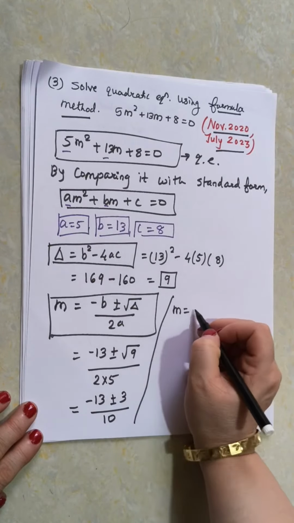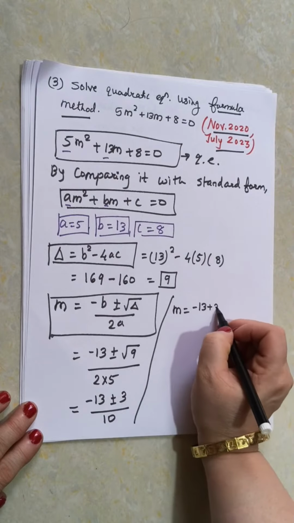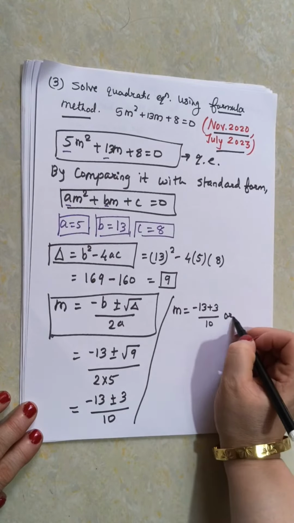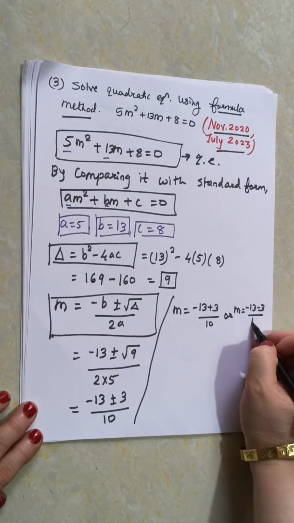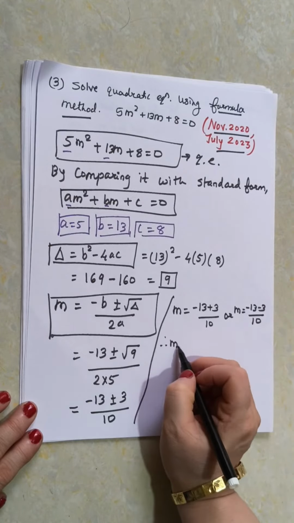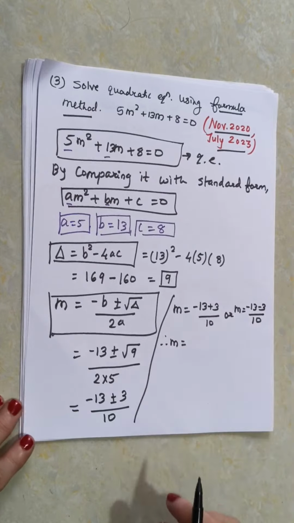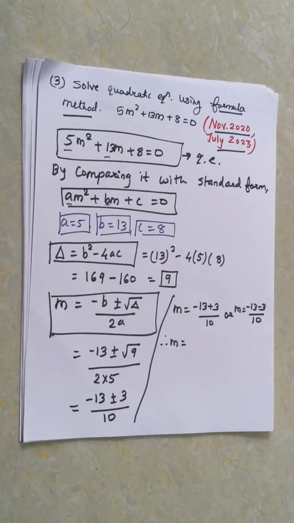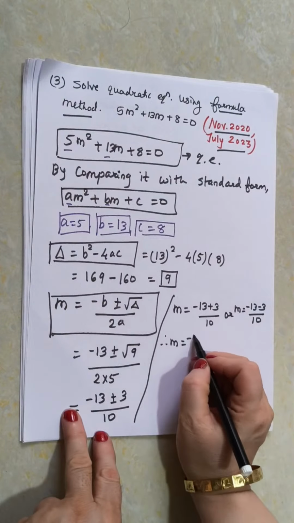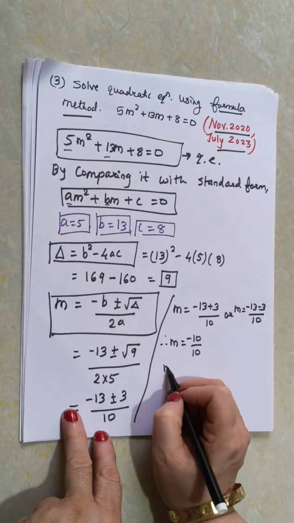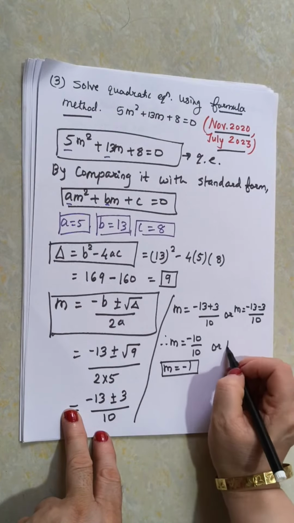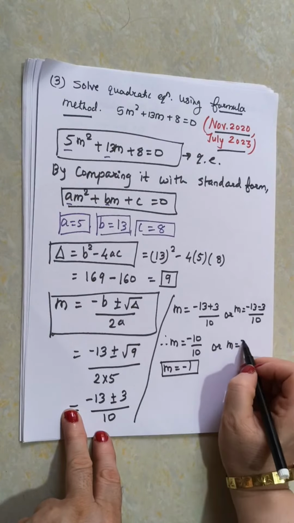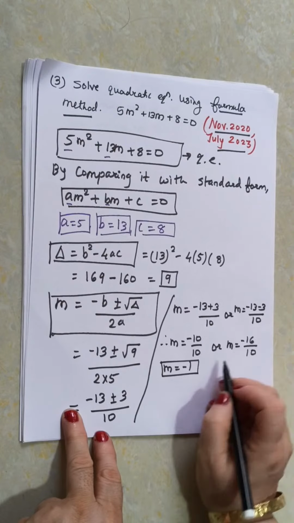So first we will take positive 3 and then we will take negative. So m is equals to negative 13 plus 3 upon 10, or m is equals to negative 13 minus 3 upon 10. So negative 13 plus 3 is negative 10 upon 10. So m is equals to negative 1, or m is equals to negative 16 upon 10.